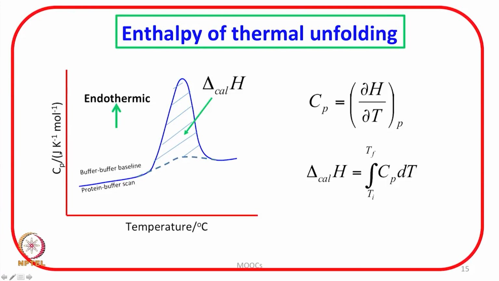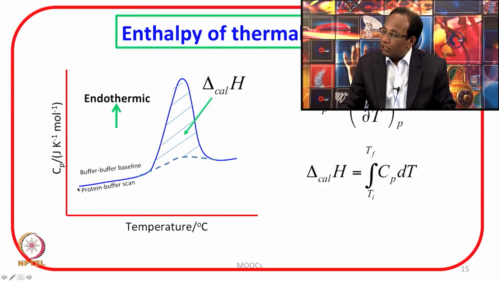I can call this excess heat capacity, because you are subtracting the protein buffer scan from the buffer baseline. So, this is an outcome of this minus this. That means, this heat capacity is the value of heat capacity over and above the buffer baseline.